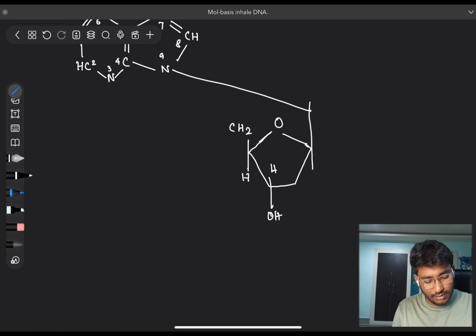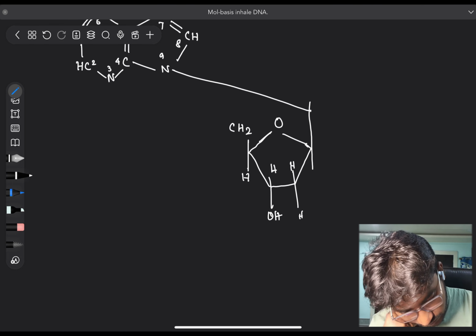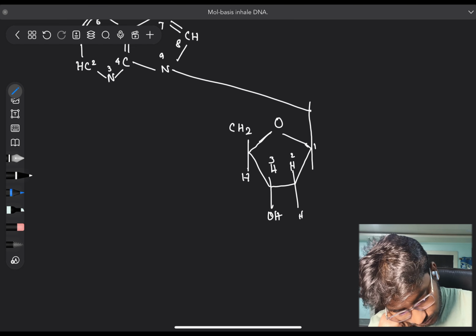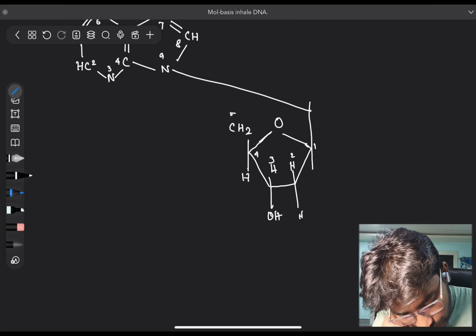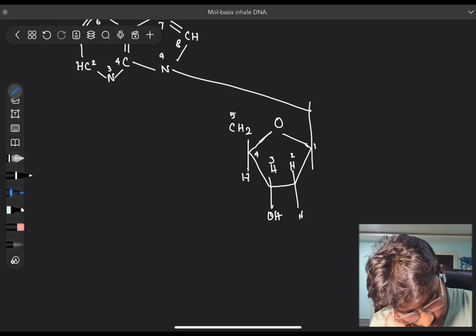Hydroxyl group, and here hydrogen and hydrogen. Now what happens? Here are 4 carbons and the 5th one is here. Here one phosphate group also gets attached.